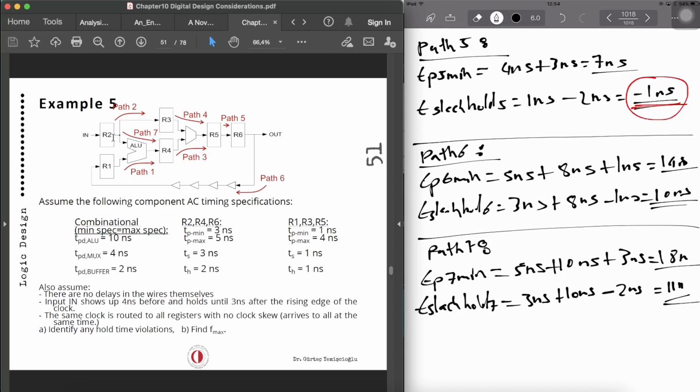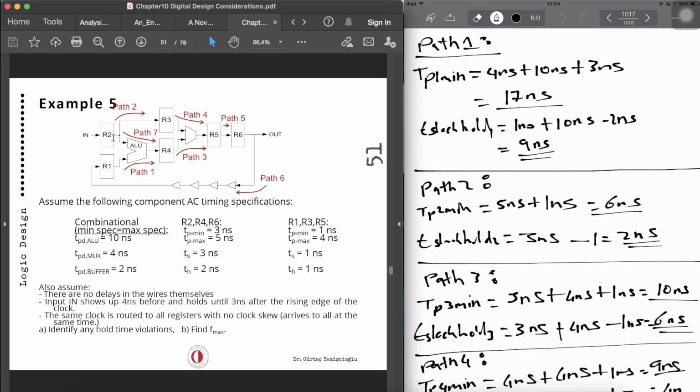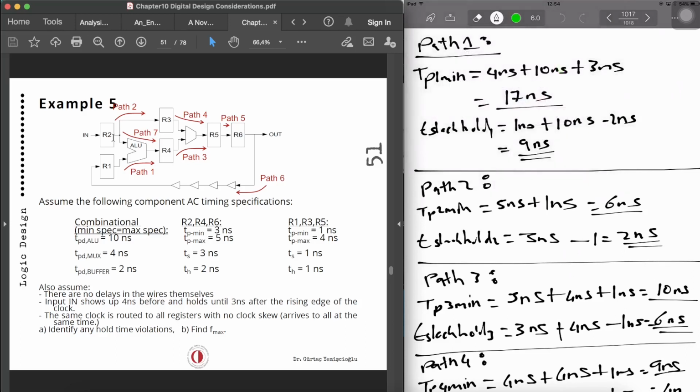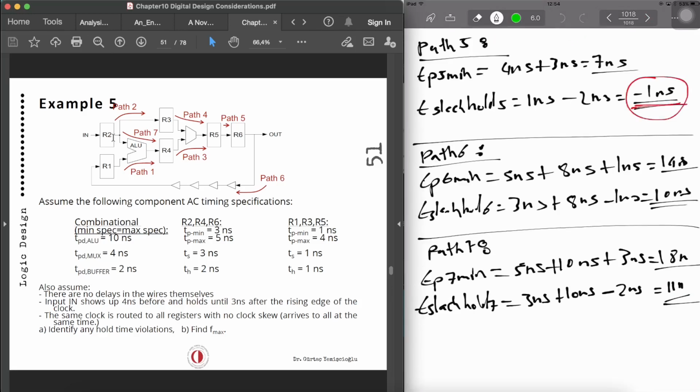Okay, so now we can easily see that there's one hold slack failure. And the largest delay that we have got in TP max is path 7. If we look at the other ones, this one has got 6, 10, 9, 7, 14, and 18.